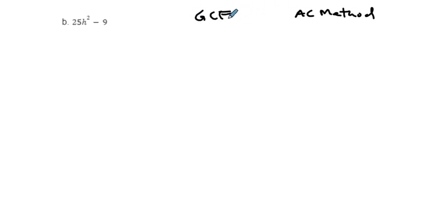There's no grouping involved. So what you do to determine which one you've got to use is look at your coefficients and your constants. Is there anything I can pull out of both of these number-wise? Well, no, not really, other than 1, and 1 doesn't do anything for you. You can't pull 2 out because they're both odd, you can't pull 3 out because 3 doesn't go into 25.